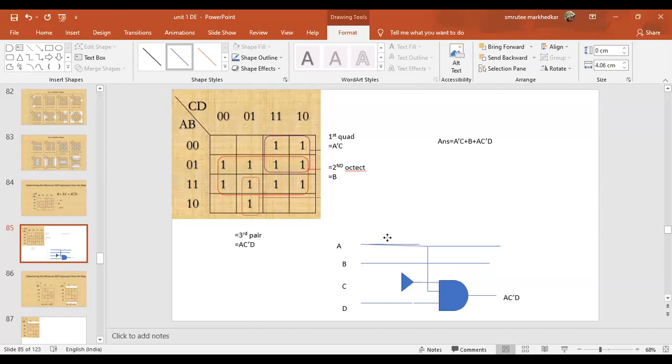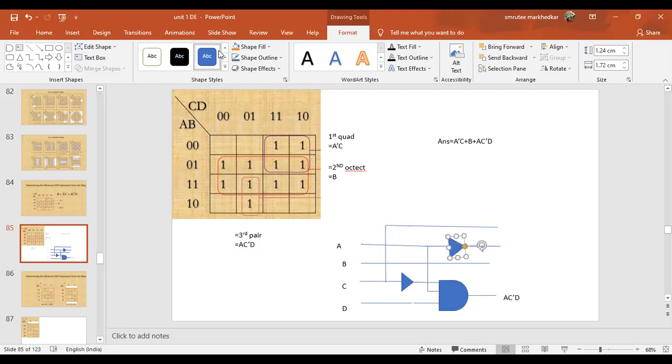I will take it from here, then from here. The only thing left is a NOT gate required for A bar, which I'm placing here. And what is in between? I'm having an AND gate, so I'm placing an AND gate here. So that gives me my final answer.